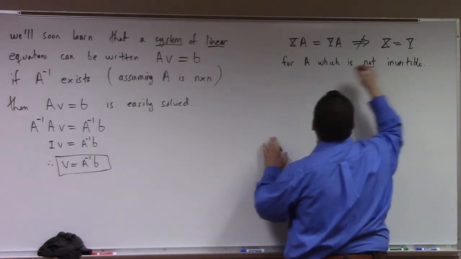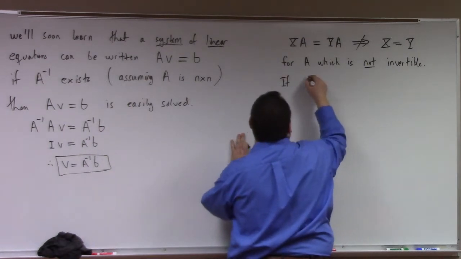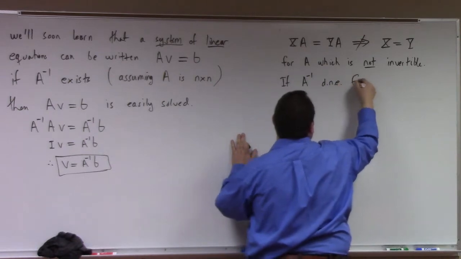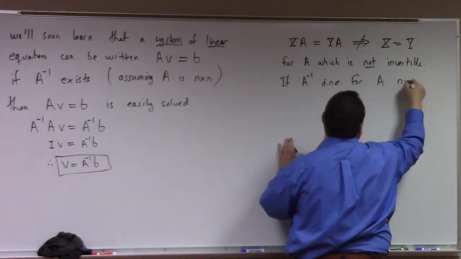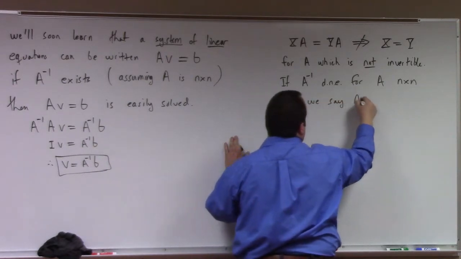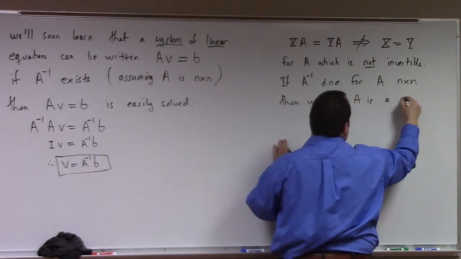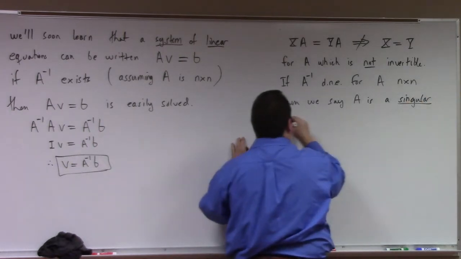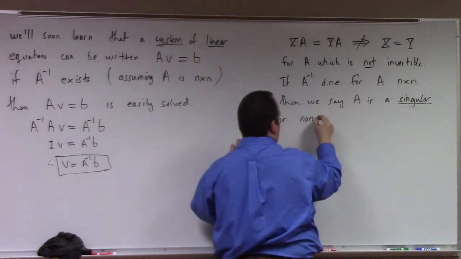So if A inverse does not exist for A n by n, then we say A is a singular matrix or non-invertible.